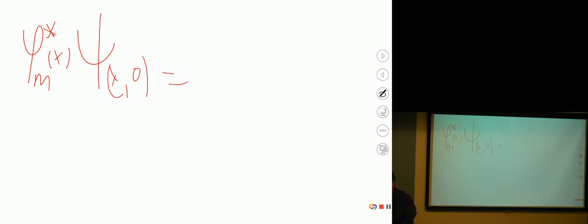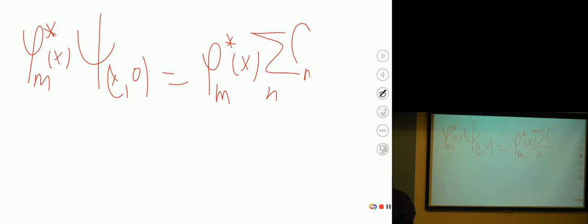Phi m star x times psi x equals phi m star x times the summation over n of c sub n phi sub n of x.